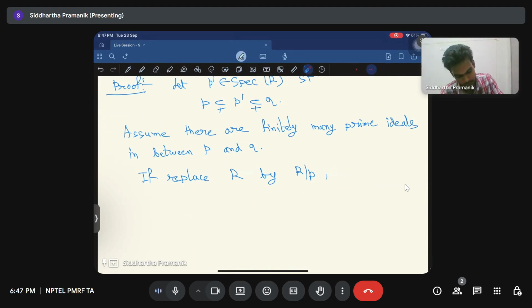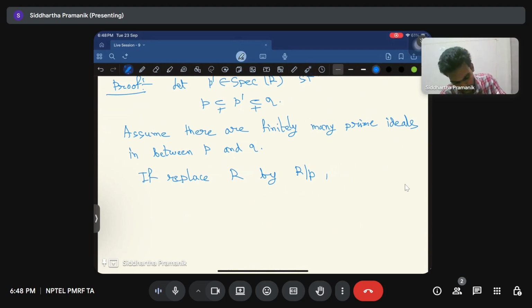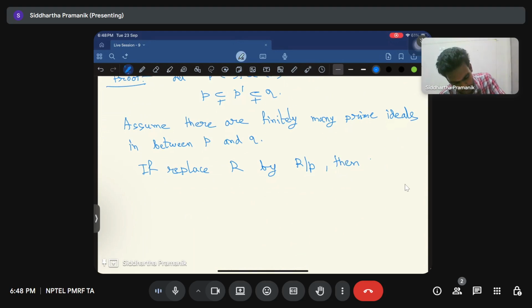So what we are doing is, here is our ring R and here we have a prime ideal P which is contained in Q, and we will work with only those prime ideals which lie between P and Q. So we are going modulo P and localizing at Q. Then we can only focus on prime ideals between P and Q. So first we are going modulo P. If we replace R by R mod P, then we can assume P is 0 and R is a domain.